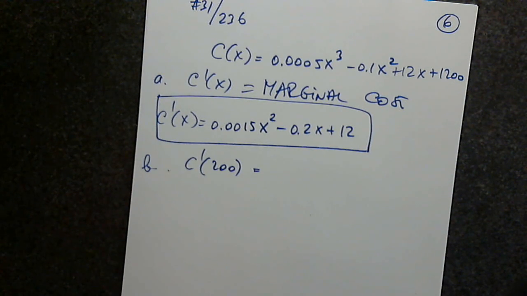Okay, so let's do that with a graphing calculator. In y equals, let's punch it in because I may want to go back and put in something else. So 0.0015 x squared minus 0.2x and plus 12.